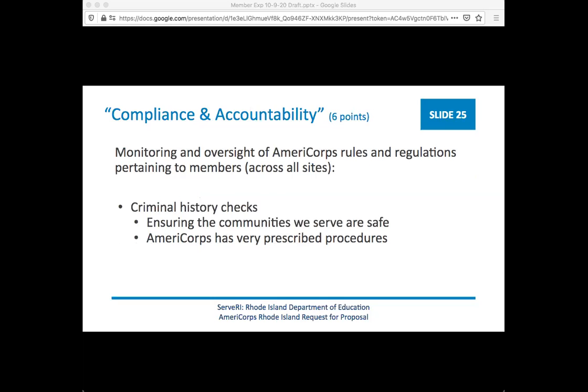They want us to ensure that the communities we serve are safe, and so that we're recruiting members who have adequate background checks. I will say that AmeriCorps has very prescribed procedures. They may be different than the procedures that you have in your organization.